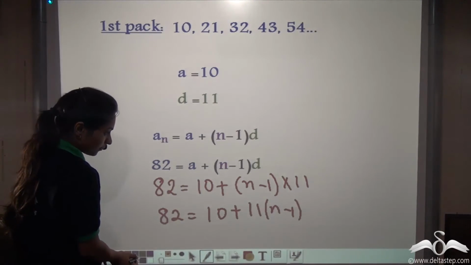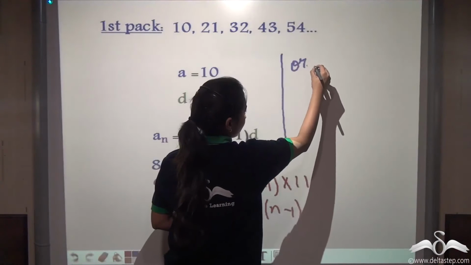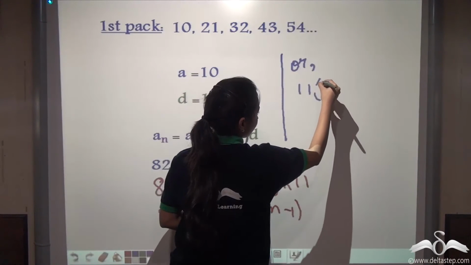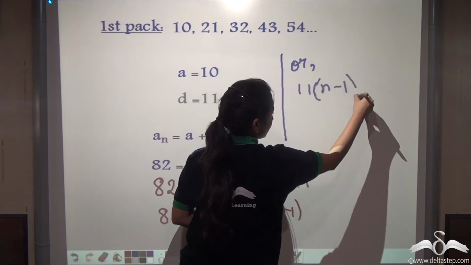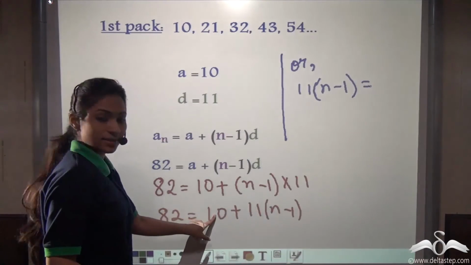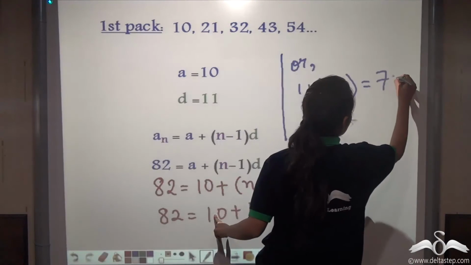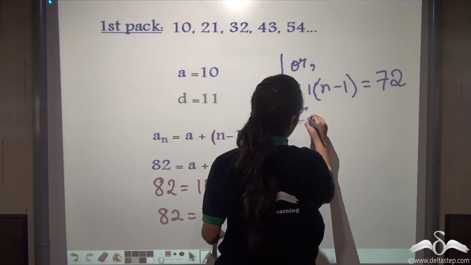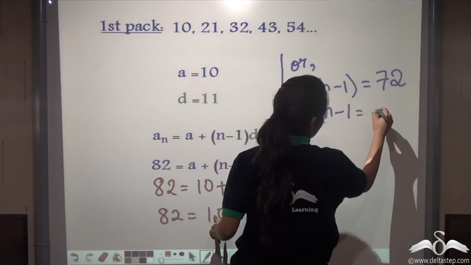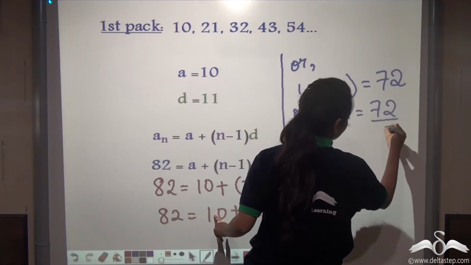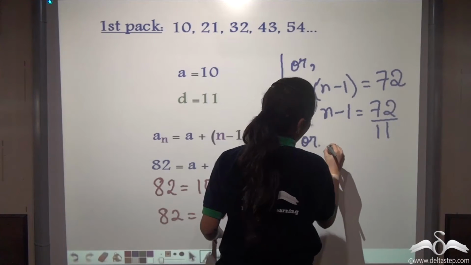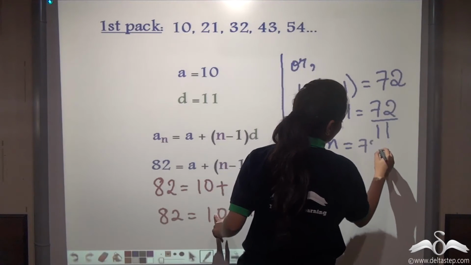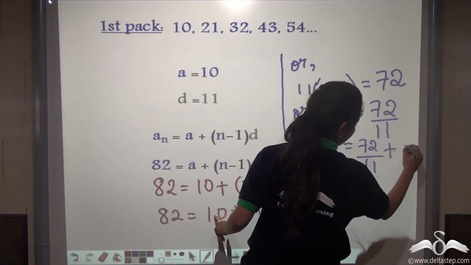So you can write 11 n minus 1 is equal to 82 minus 10, 72, or n minus 1 is 72 by 11, or n we will get as 72 by 11 plus 1.